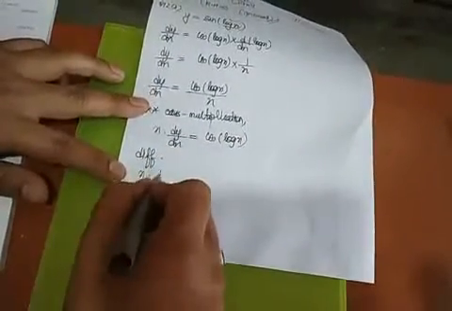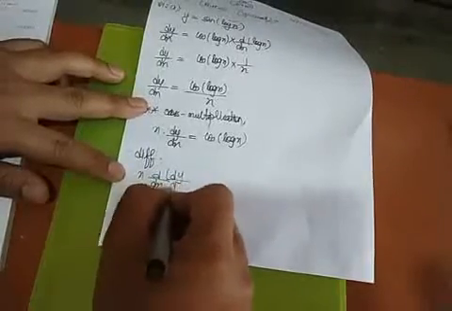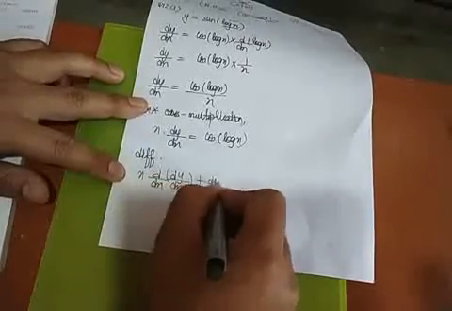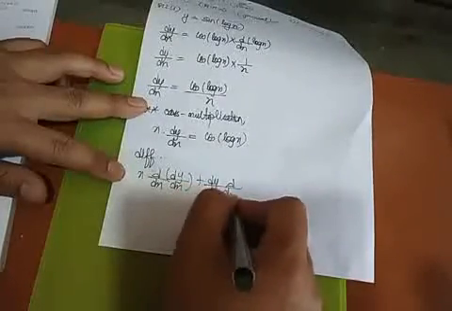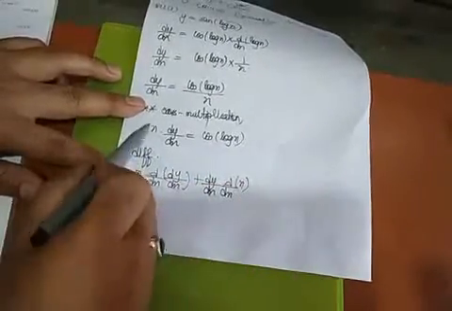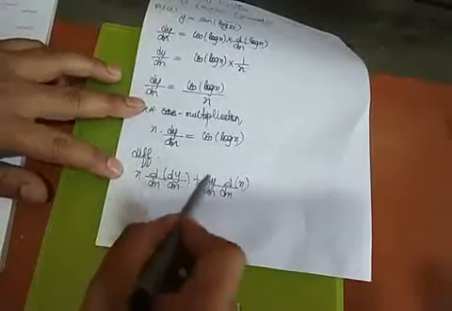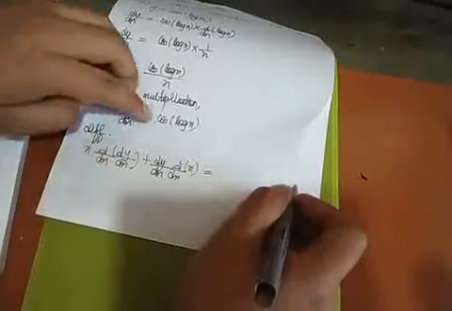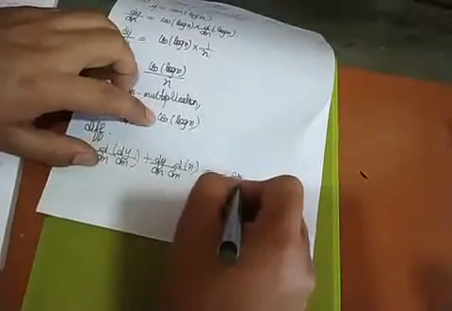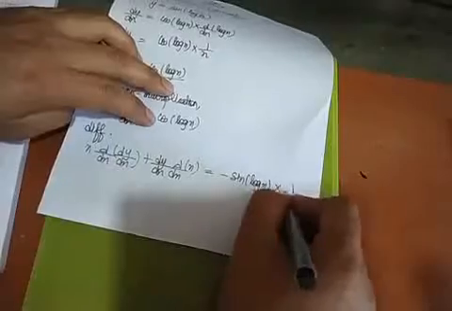So x into d dx of dy by dx plus dy by dx into d dx of x. Okay. So x is constant, differentiation of dy by dx, constant, differentiation of x, and on this side differentiation of cos is minus sine log x, and differentiation of log x is 1 by x.